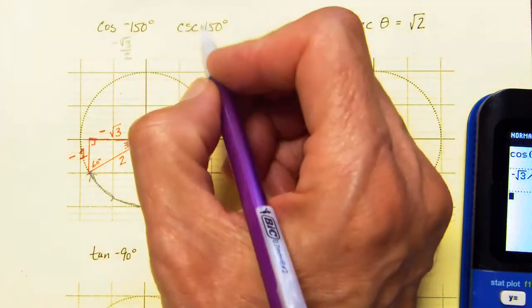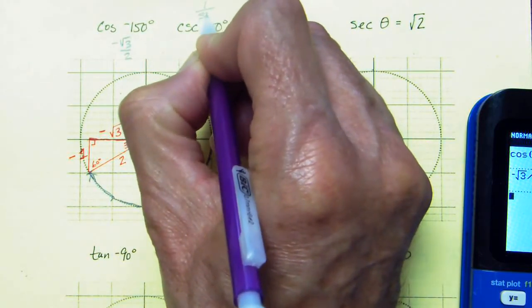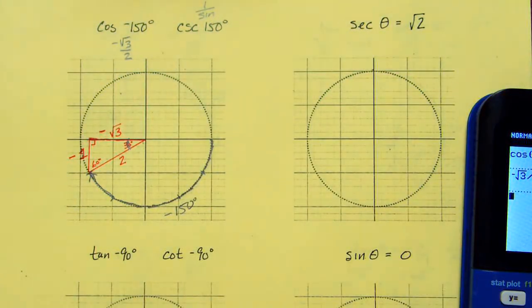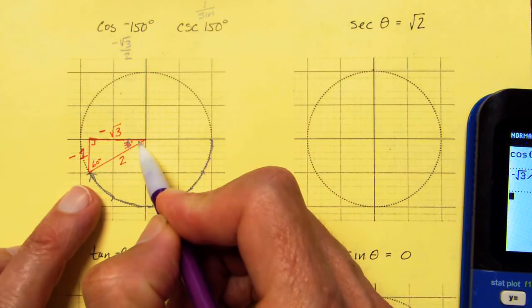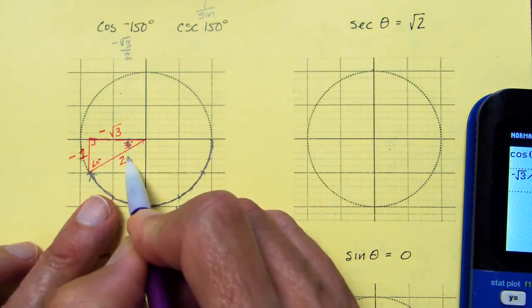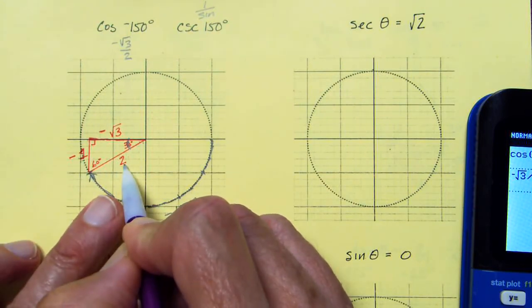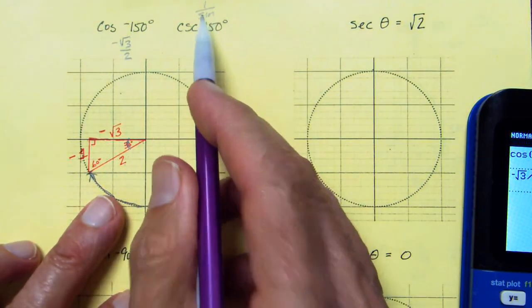Now keep in mind, cosecant is the reciprocal of sine. And so I want to think about what the sine ratio is. Well, sine would be the opposite over the hypotenuse. So negative 1/2, that would be the sine ratio, but I want the reciprocal in this case.